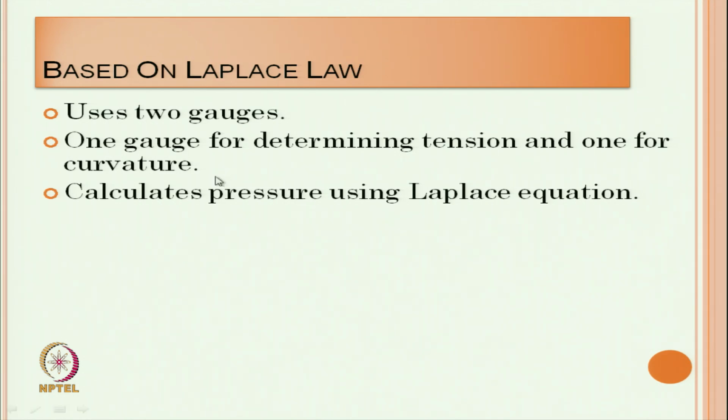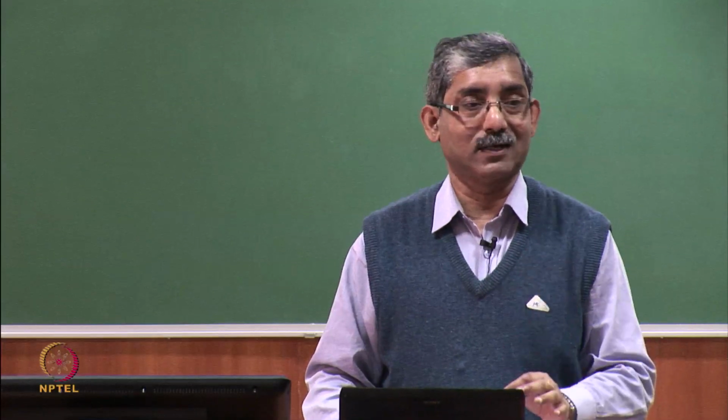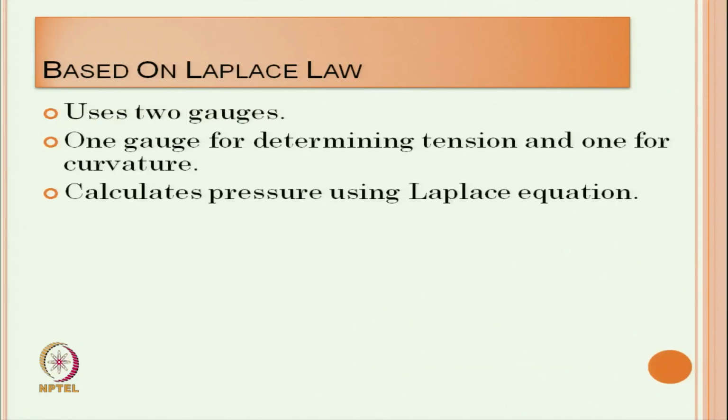Based on Laplace law, as I have mentioned, there are instruments available where we use two gauges. In Laplace law we need to determine the tension and curvature. Keeping all other parameters constant and known, because the number of wraps and the width of the bandage are known, the unknown parameters are the amount of tension applied and the curvature of the particular limb.